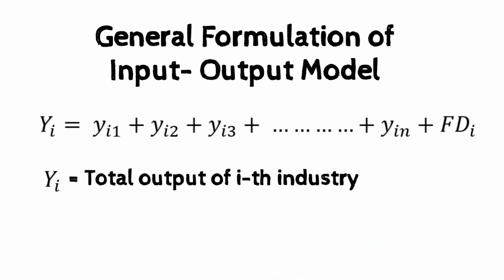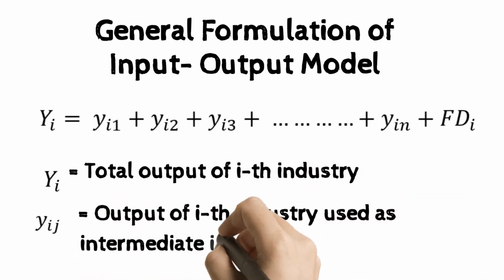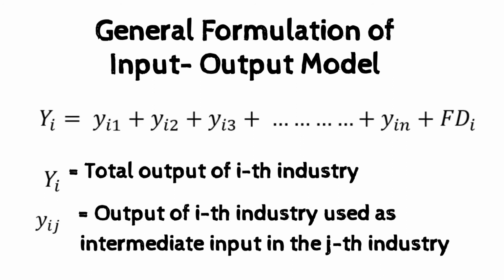Yi1 is the total quantity of output of the ith industry used as input in the first industry. Yi2 is the total quantity of output of the ith industry used as input in the second industry, and so on. In general, Yij is the total quantity of output of ith industry used as input in the jth industry.